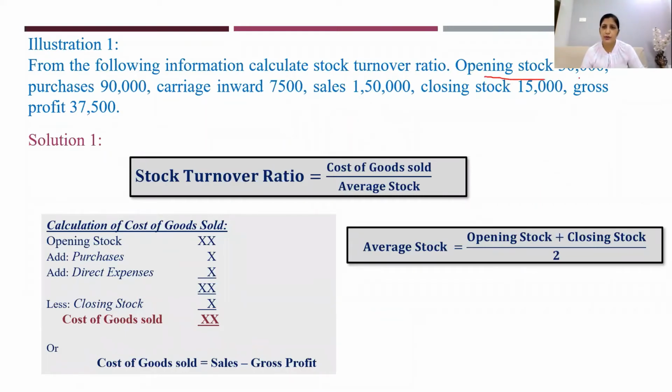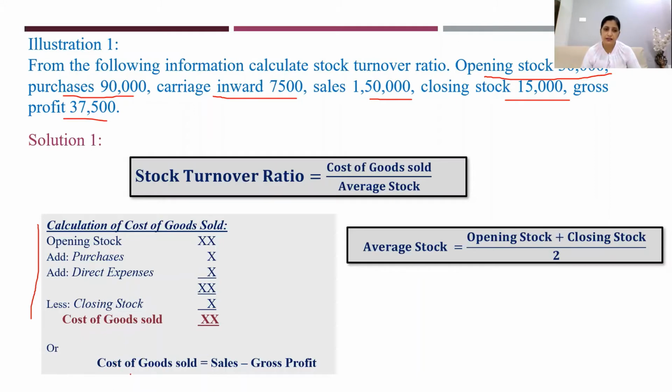We have opening stock, purchases, carriage inward, sales, closing stock, and gross profit. Clear? As per the formula, stock turnover ratio is equal to cost of goods sold divided by average stock.